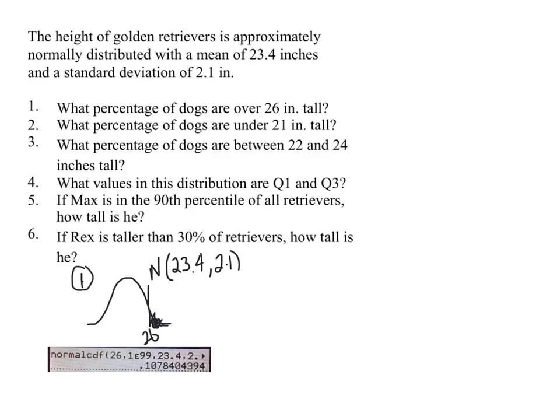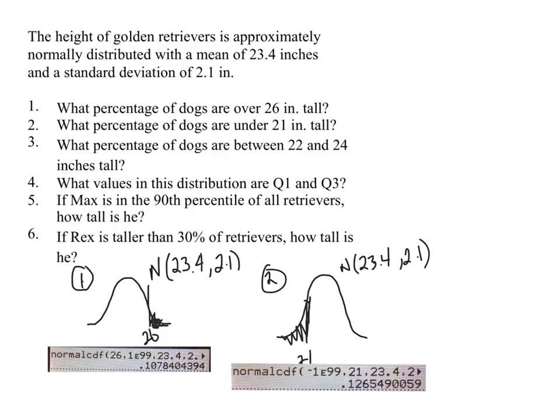All right, let's start the next problem. Number two, what percentage of dogs are under 21 inches? So draw my normal curve, normal, 23.4, 2.1, and 21 will be somewhere down here, and shade. Let's show the work from the calculator.